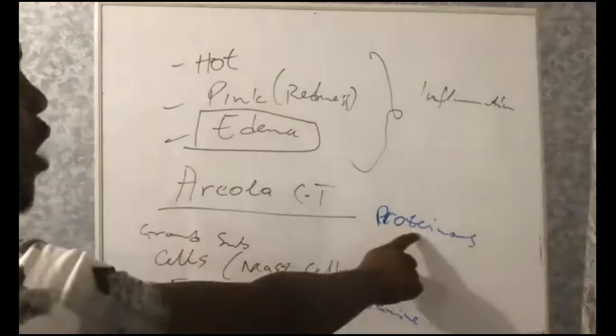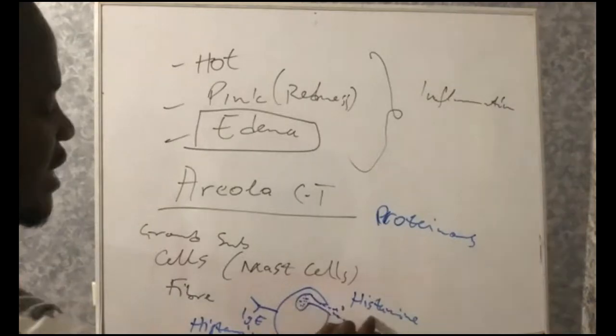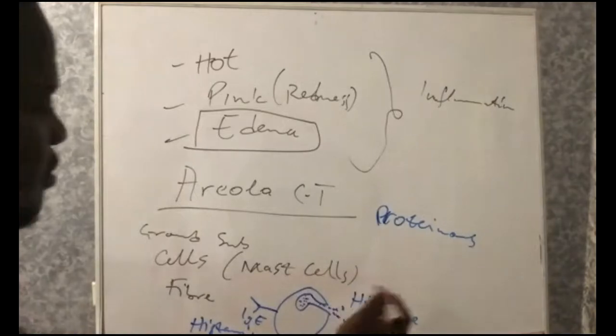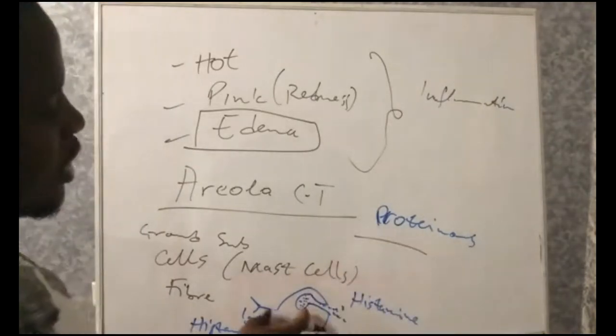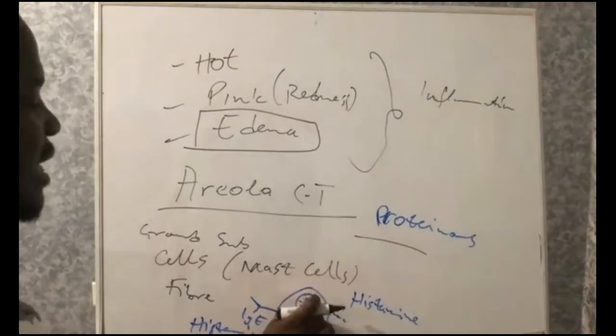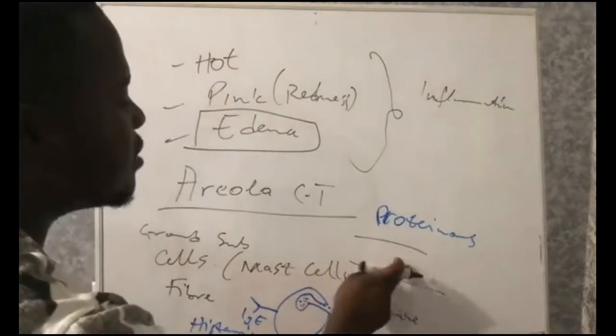The proteinous substance will directly stimulate the mast cell, and the mast cell will release the histamine, and this histamine will first dilate the vessels. Normally it's not only histamine, there are also bradykinins, serotonins, and other substances, but in this case it's the histamine that is very important. So first, the capillary vessels will be dilated.